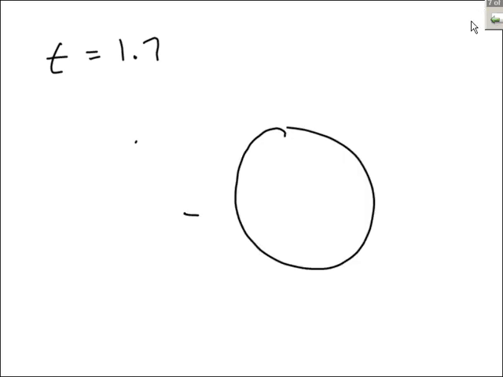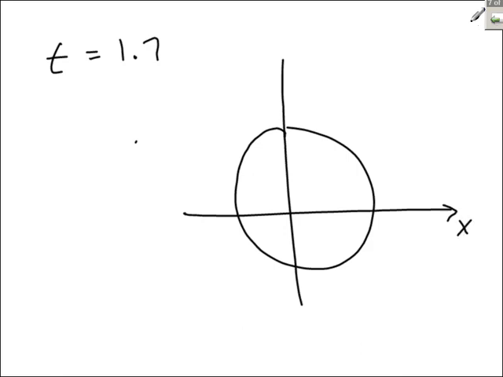What if I asked you to go 1.7? What if I said that t is 1.7? Well, on the unit circle, actually, I guess I've been making a very slight mistake in all of these problems.